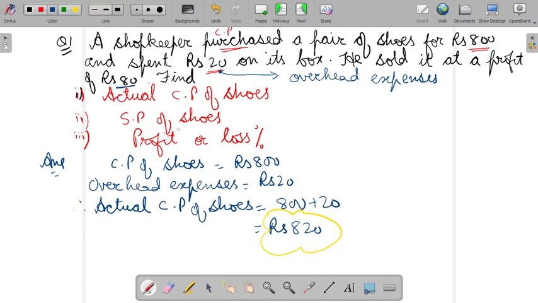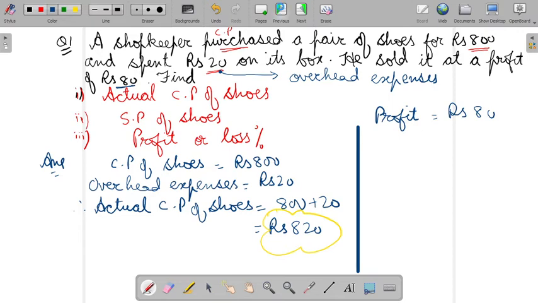Now the selling price of the shoes. The question says he sold it at a profit of rupees 80. So the profit equals rupees 80. How will you find the selling price?